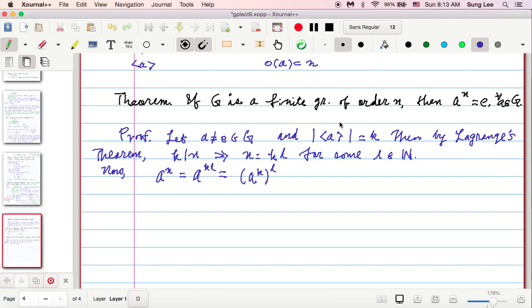So a to the K is the identity. So this equals the identity to the power L, and that equals e. This completes the proof.